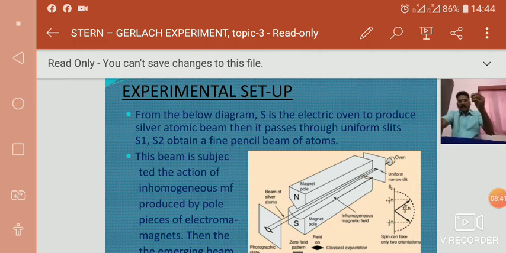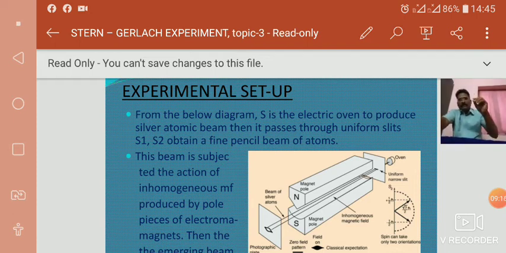Then this silver atomic beam spreads out in all directions, which is called divergence. Therefore, all the divergent silver atoms are converged to get a fine pencil beam by using narrow slits S1 and S2.